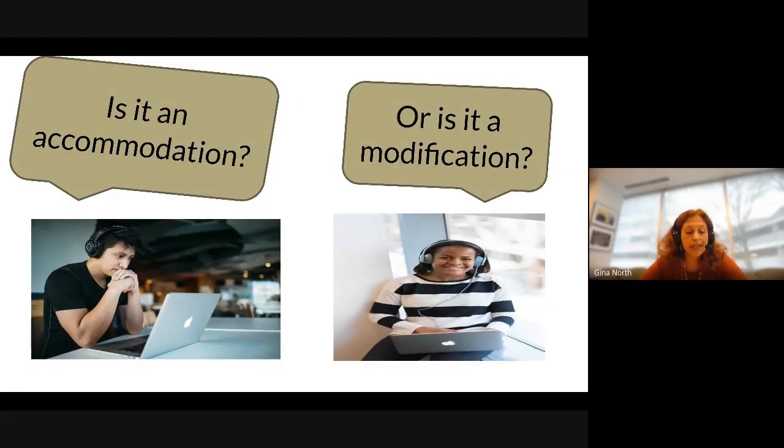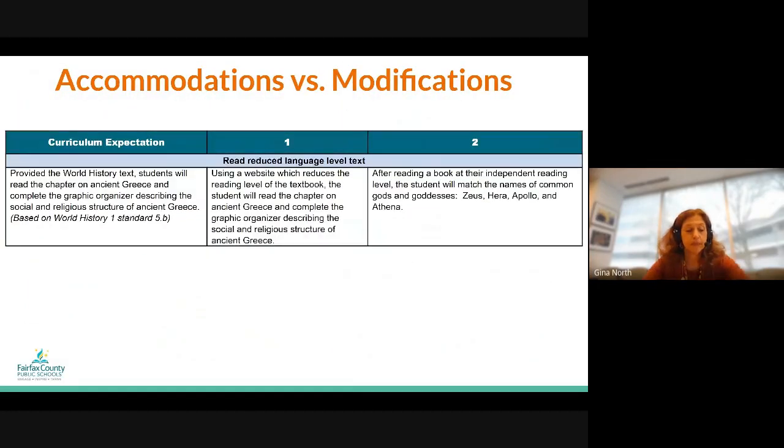We are now going to look at several curriculum expectations and look more closely at an accommodation and modification for each. Our first example reads, provided the world history text, students will read the chapter on ancient Greece and complete the graphic organizer describing the social and religious structure of ancient Greece. Let's now look at the expectations in columns 1 and 2.